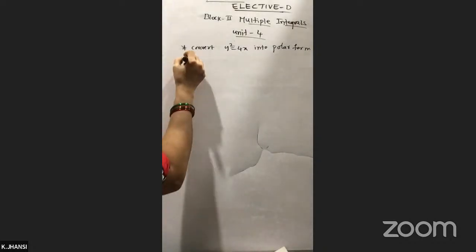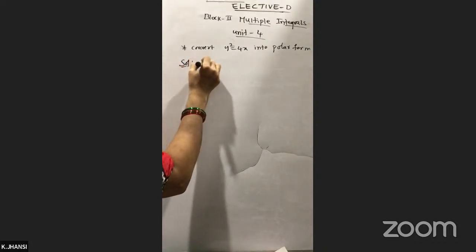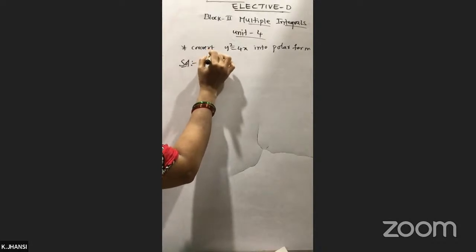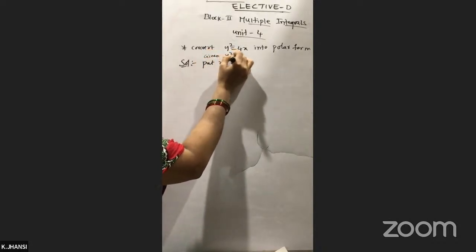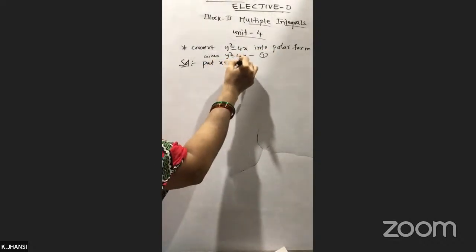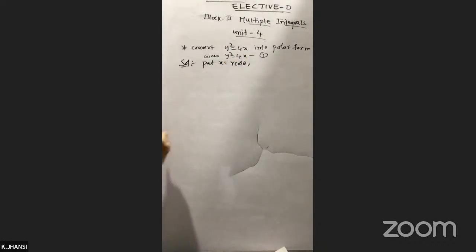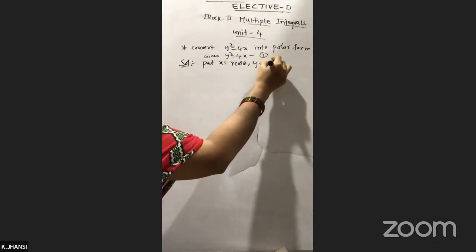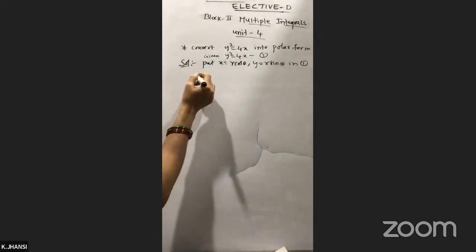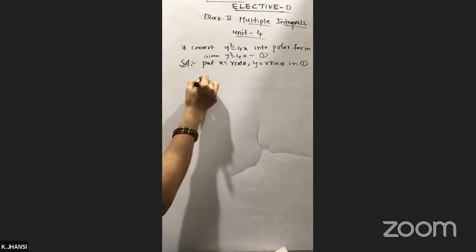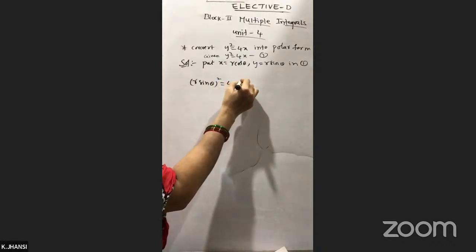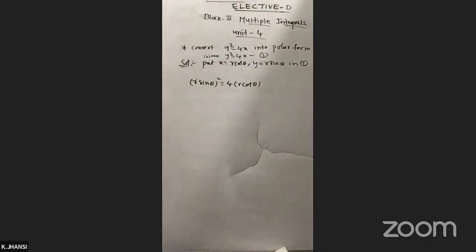So for this one, first write the given y square equals 4x; take it as equation 1. Put x equals r cos theta and y equals r sin theta in 1. So when you substitute here, what do you get? r sin theta whole square equals 4 into r cos theta.